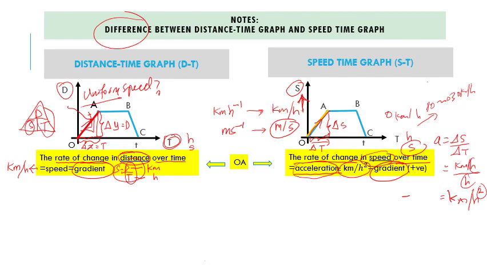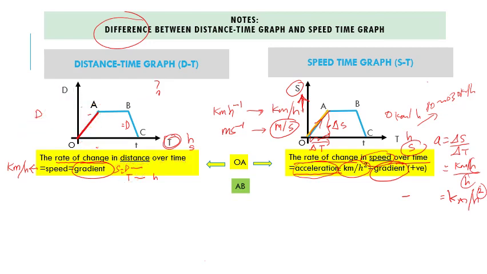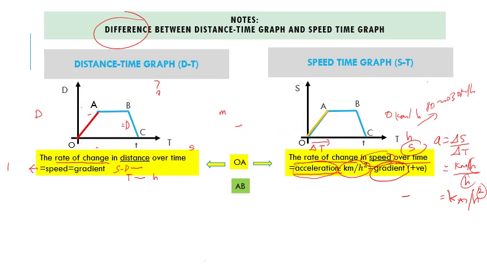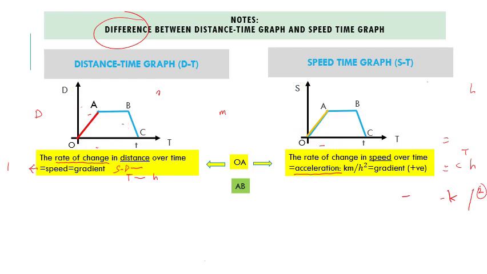Okay, so next, AB. What does AB mean? Okay, for distance time graph, AB means here it doesn't have any change in distance.